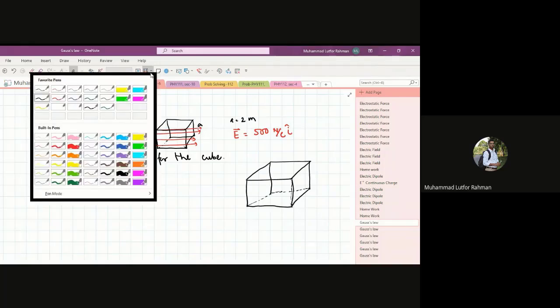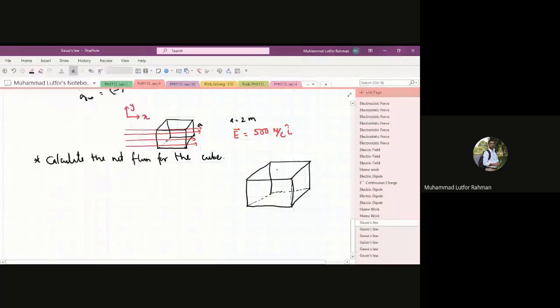Say this one is the top surface, or I can label it S1, and this is S2, the bottom surface. I'm using different colors so that we can understand.